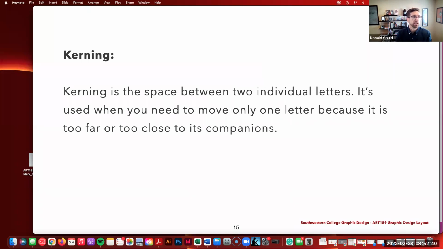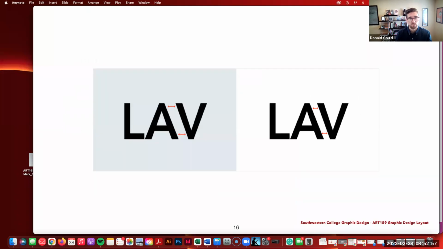The other thing that we're going to look at here is an element within type formatting itself, which is kerning. Kerning is the space between two individual letters. So this is used when you need to adjust only one letter because it is maybe too far or too close to some of its companions. And we can see that here for the letters L-A-V, right?